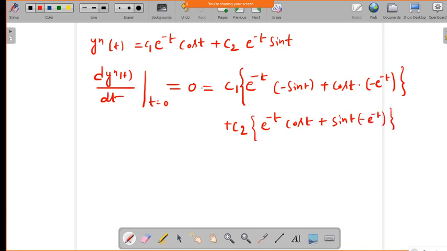Okay, so now put t equal to 0 in this equation. What will you get? 0, which is, so c1, this will become 0 because of sin t, and here it will become 1, and this will become minus 1. Okay, minus c1, and e power 0 is 1.